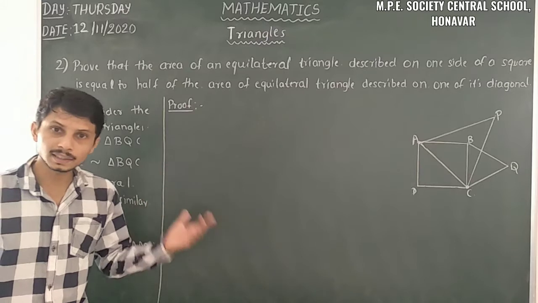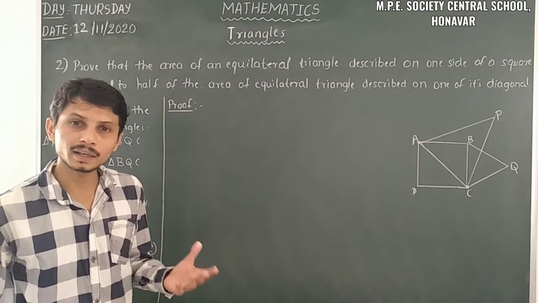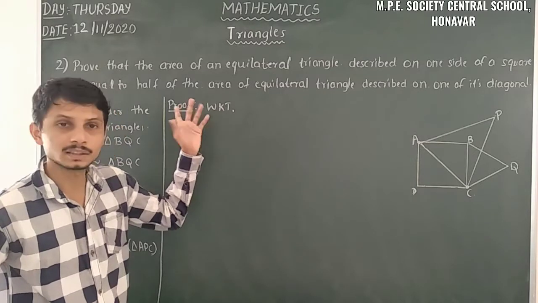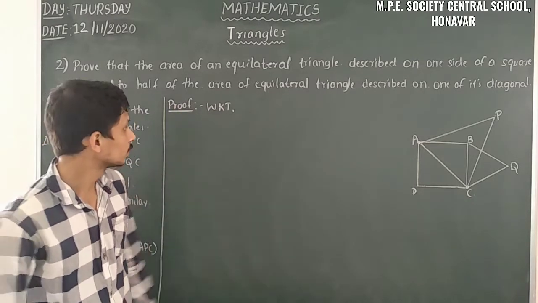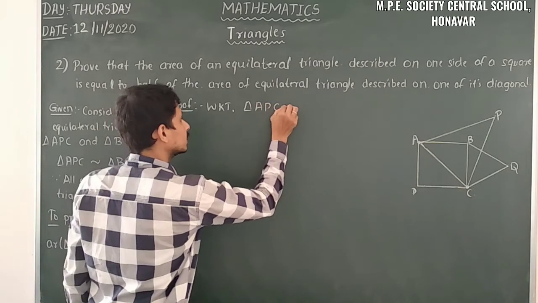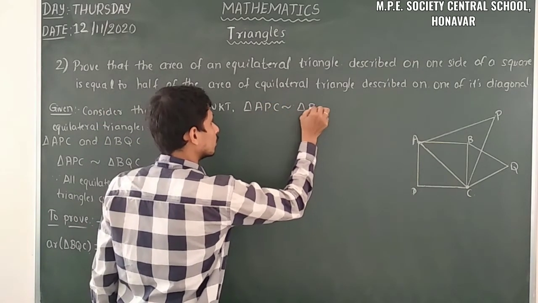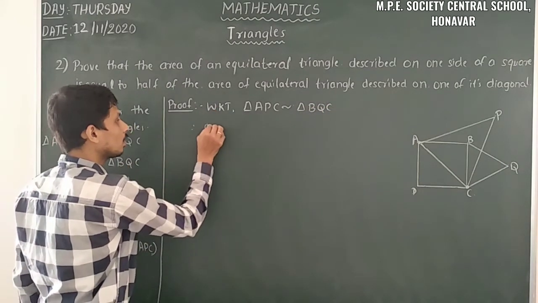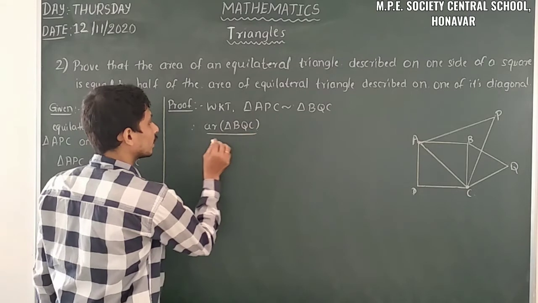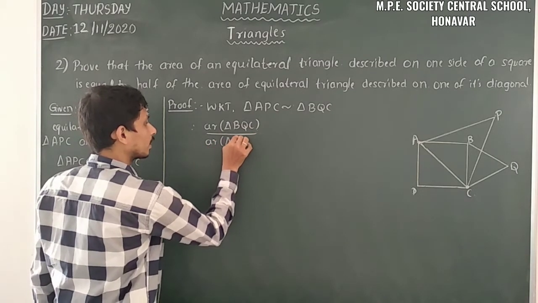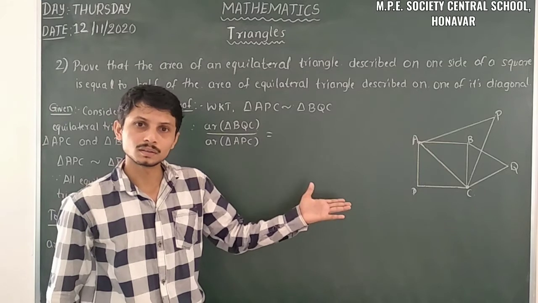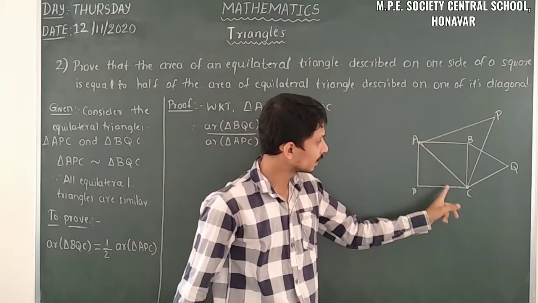Therefore, the area of triangle BQC divided by the area of triangle APC is equal to, here we have to take any one pair of corresponding sides. Here I will take this diagonal and this side.